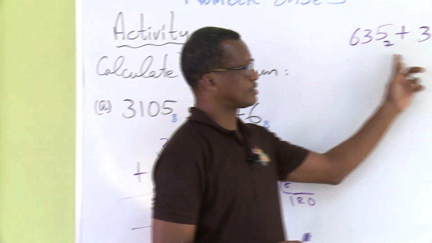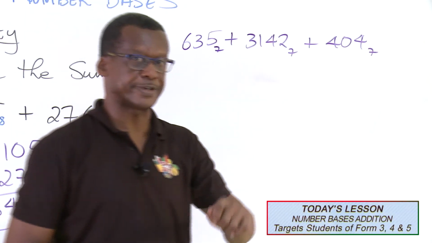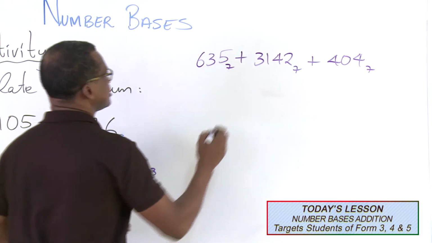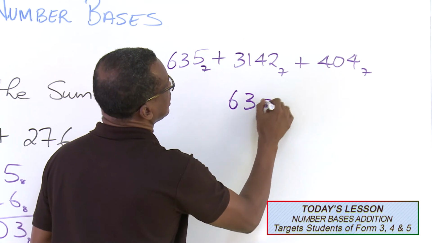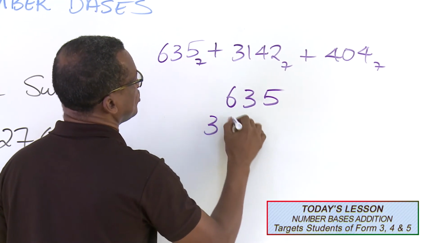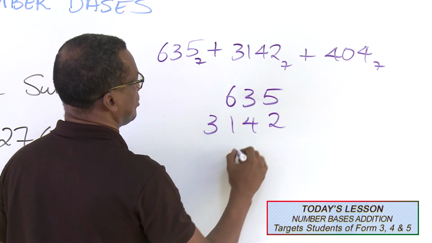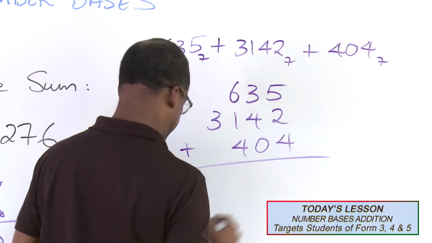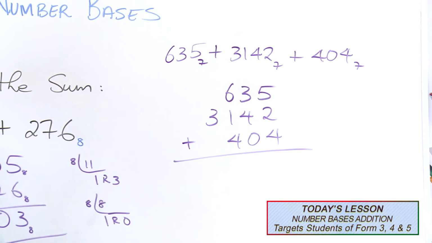Let's look at the other one. This one is a bit different because it's in base 7, but the principles remain the same. 635 plus 3142 plus 404. And we're adding all of these in base 7.